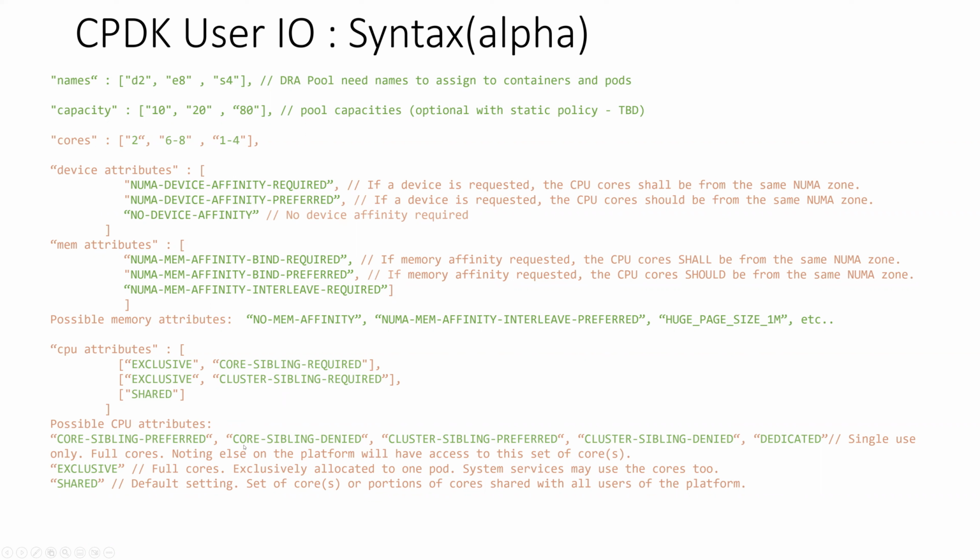After that, this defines that you don't want to share the sibling with another process. And there is some kind of lower priority option of that, preferred, and further dedicated, which is basically if you want one process which you want to map to the full physical core.